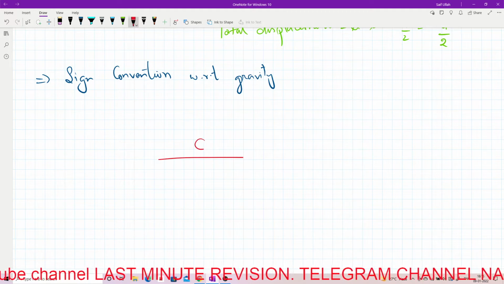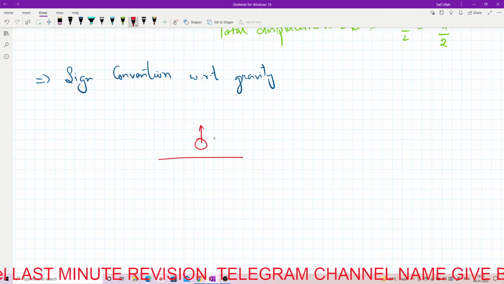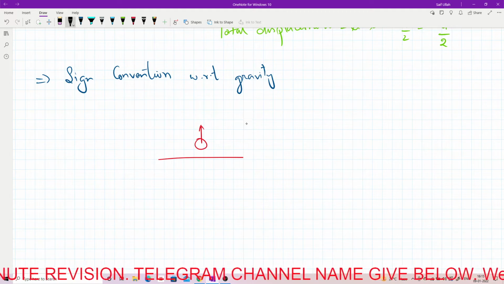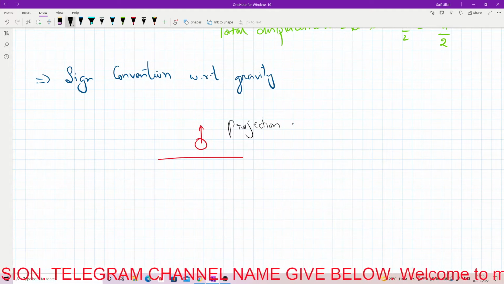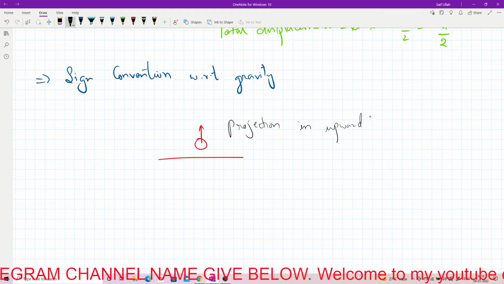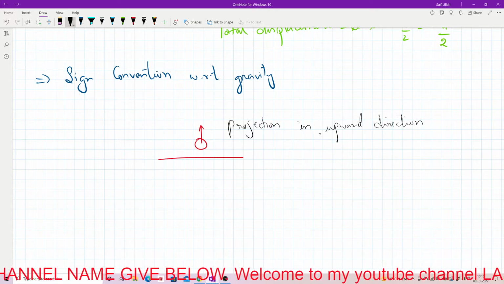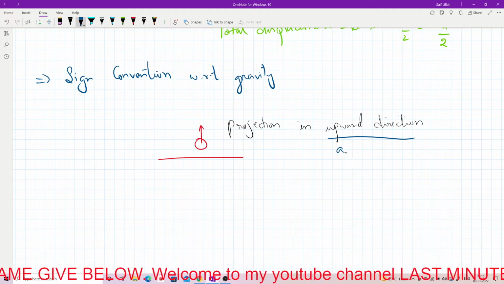So a body is thrown upwards. What we are doing here is projecting the body against gravity, in the upward direction.